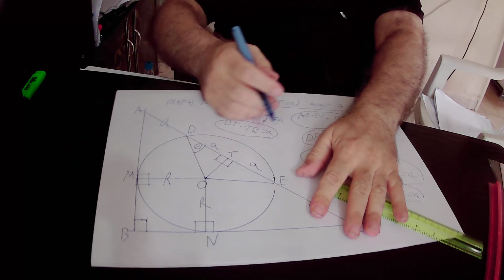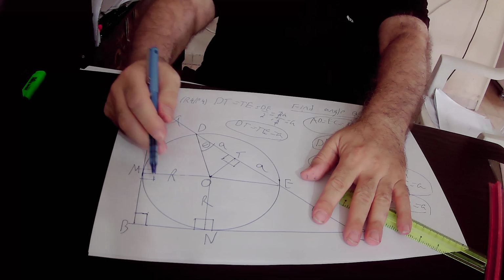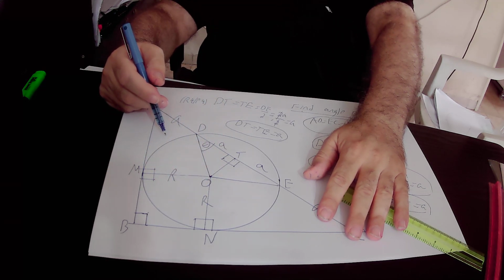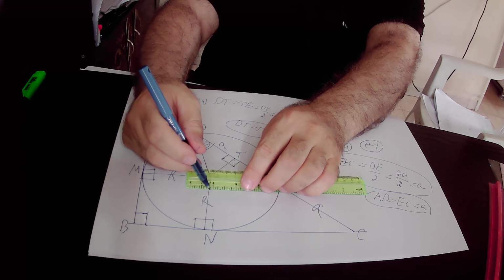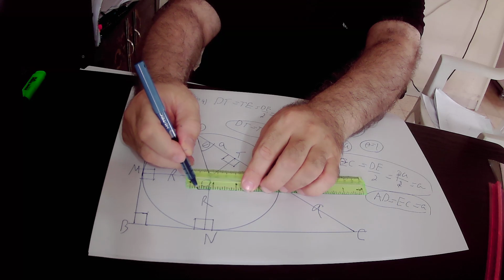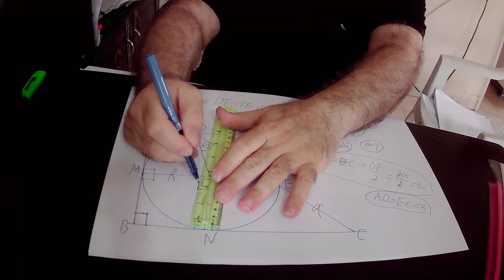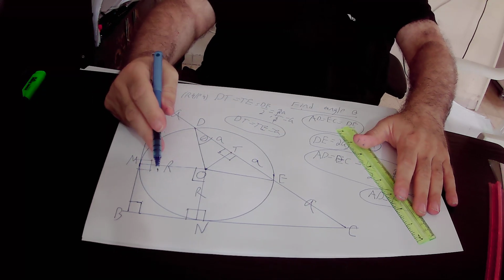So inside quadrilateral MOBN, we have 3 right angles. The sum of 3 right angles is 270 degrees. Therefore, this fourth angle must also be equal to 90 degrees, according to the rule that the sum of the angles in any quadrilateral is equal to 360 degrees. So quadrilateral MOBN has 4 right angles.